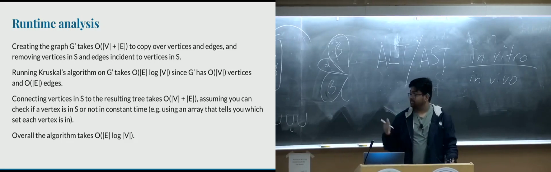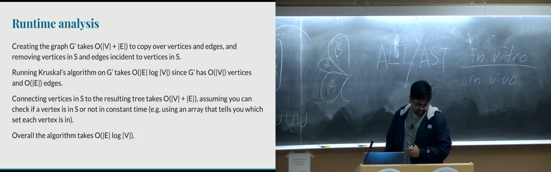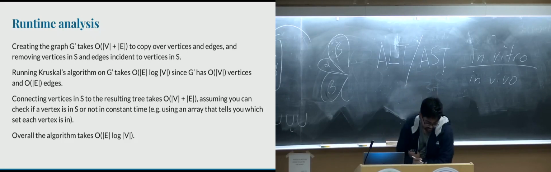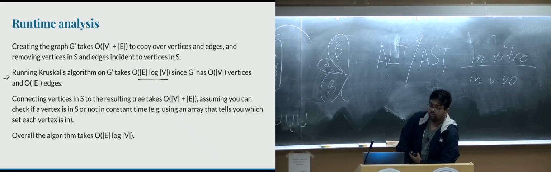Oh yeah, a very important thing: runtime analysis for this algorithm. Let's break it down into a couple of steps. Creating the graph G prime is O of V plus E. And running Kruskal's is E log V, because since we have an MST, E has to be big O of V. It's very similar to your Dijkstra's.